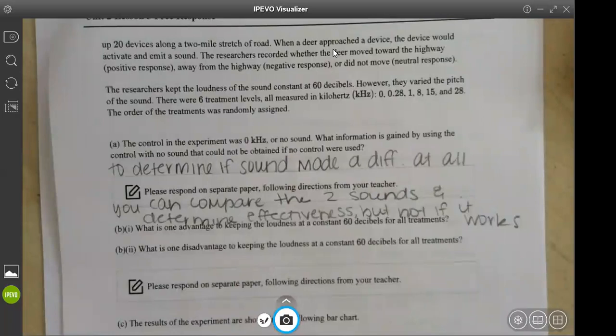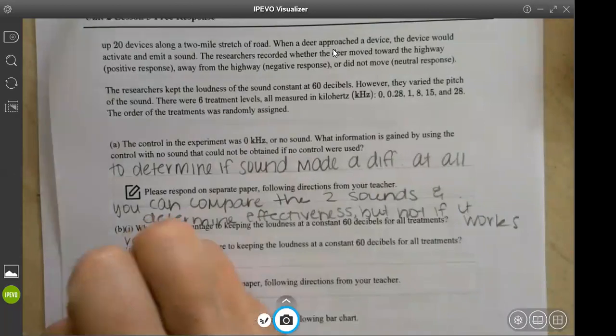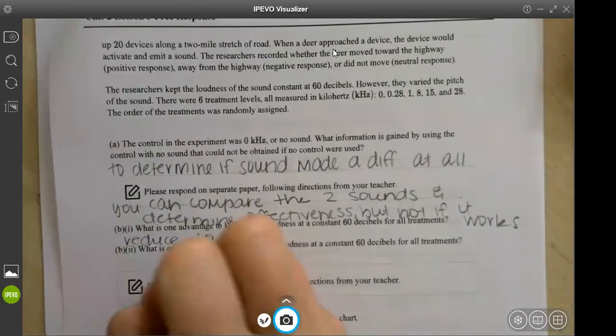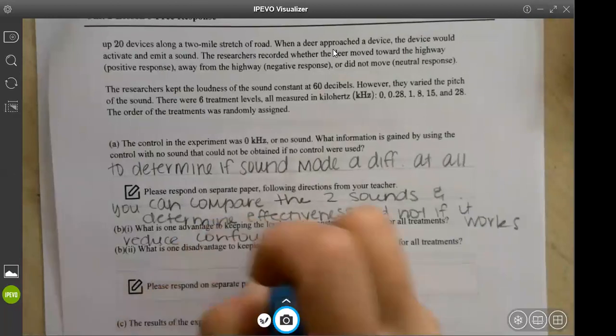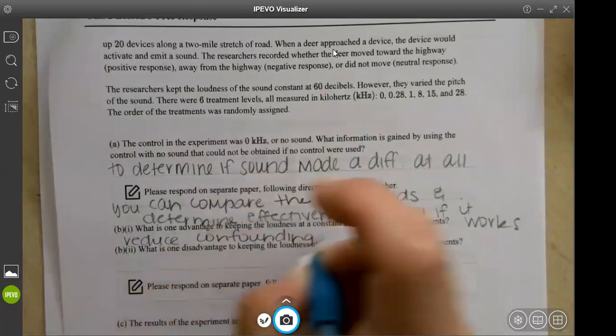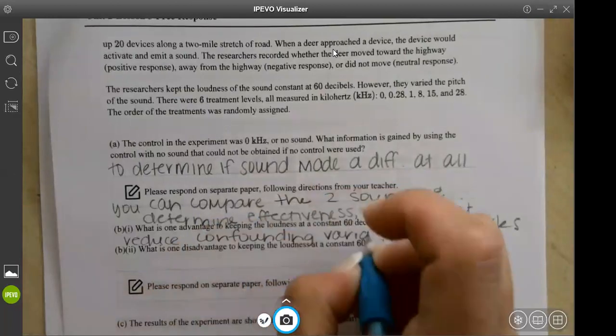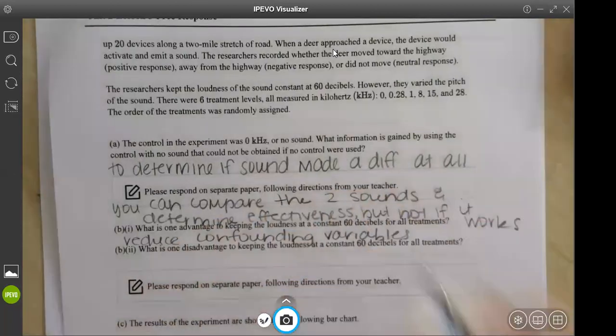All right, what is one advantage to keeping the loudness at a constant 60 decibels for all treatments? What did we just say? Reduce compounding variables. What is one disadvantage to keeping the loudness at a constant 60 decibels for all treatments?